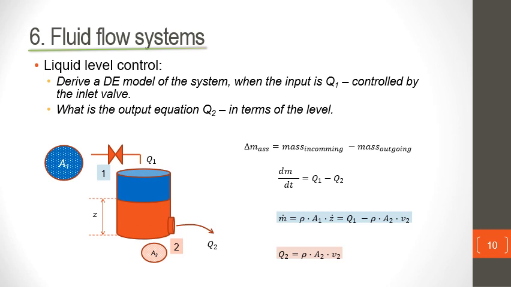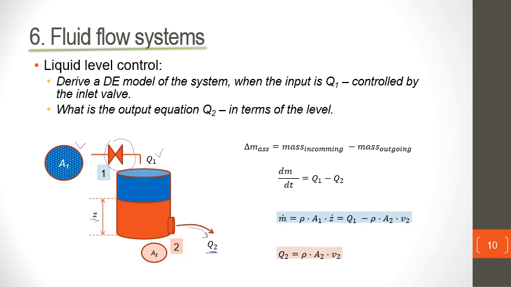What simply happens here is that we have a container with a cross section A1, and we regulate the height of the fluid in the container by controlling the input mass flow rate Q1 using a control valve. At the bottom the fluid escapes through an open outlet, at the flow rate of Q2.